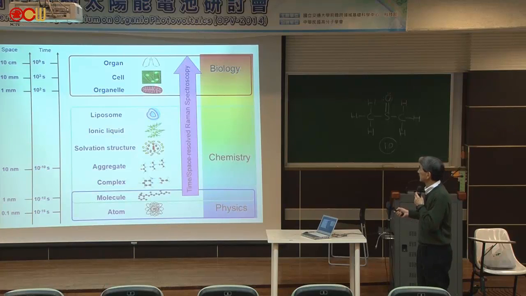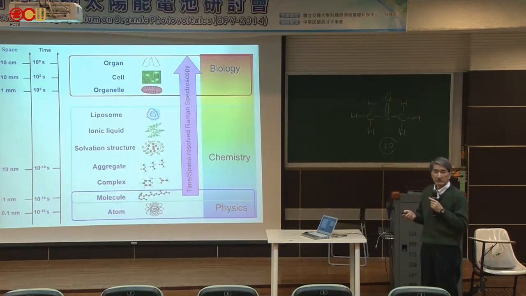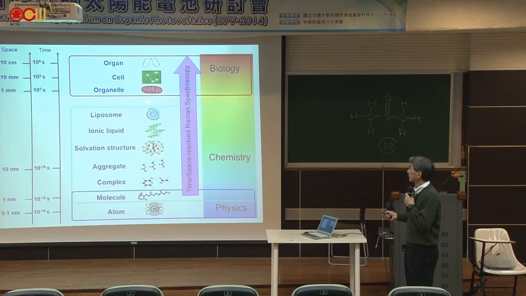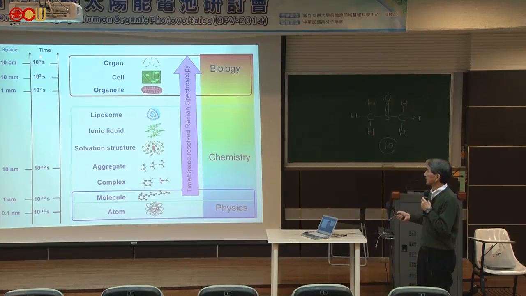In a cell, you have many organelles, so the Raman spectrum changes depending on where you measure. So you have to space-resolve your Raman measurement. It's called time and space resolved Raman spectroscopy. We want to space-resolve organelles from one cell. But the time resolution can be much slower, because the change in the cell is much slower than in picoseconds or femtoseconds.